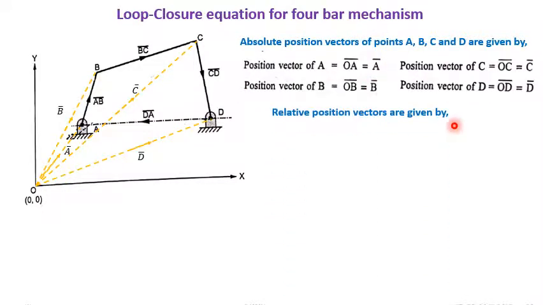Now let us consider the relative position vectors, which is the relative position vector of B with respect to A, because A is the fixed point.